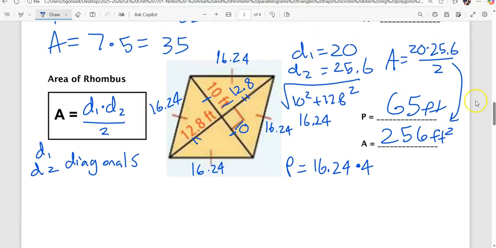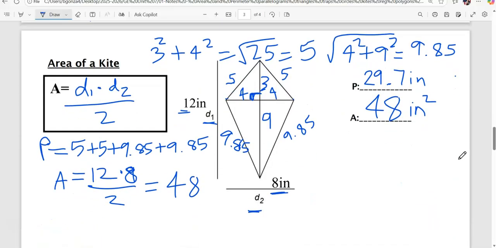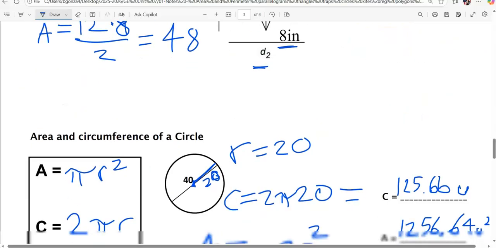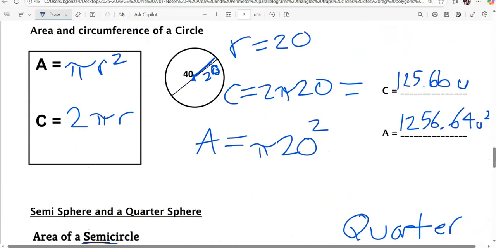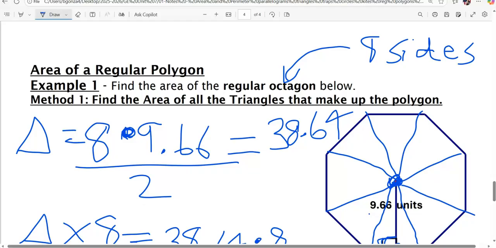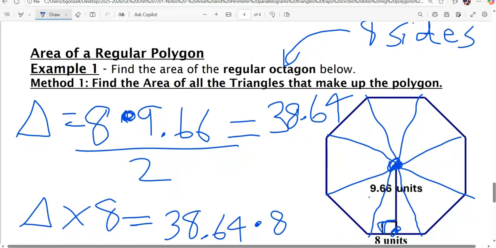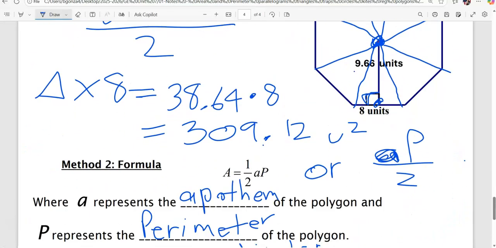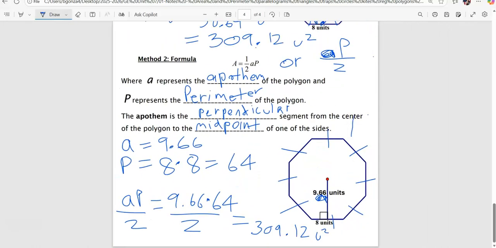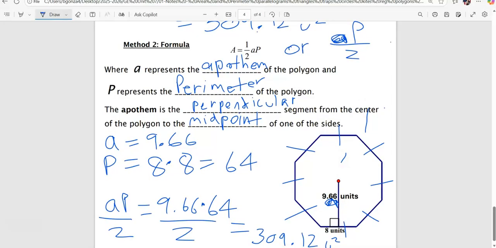Rhombus, kind of cut off this part. Kite. Circles with semi and quarter. The two ways of doing polygons. But the real way I want you to do it is right. Yeah. Right. That's it.